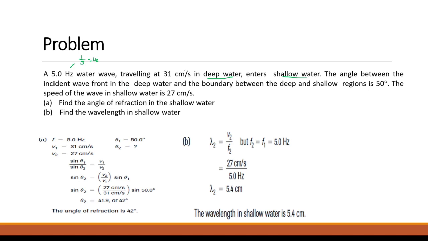So we have 1 as deep and 2 as shallow, because we're entering shallow now, just for convention. We have v2, we have v1, and we have an angle: the angle between the incident wavefront in the deep water and the boundary between the deep and shallow regions. So let's draw our scenario out.